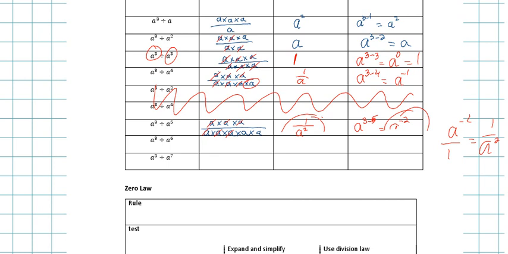Now, this one, I'm going to have a times a over this. If I simplify, what do I have? 1 over a cubed. Okay? Now, if I do my exponent law, 3 take away 6 is negative 3.